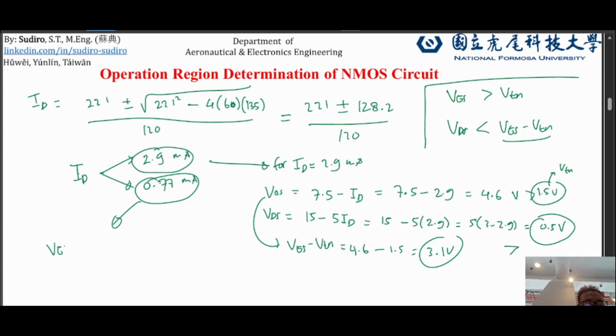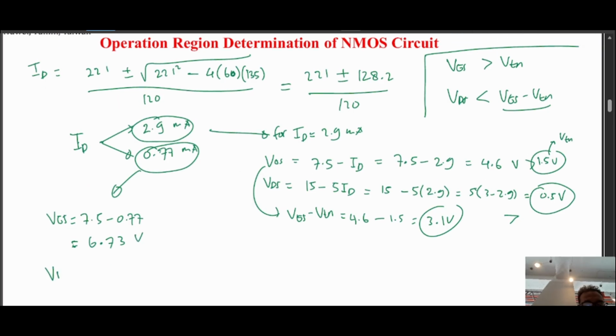For the first one, VGS must be equal to 7.5 minus 0.77, and we get about 6.73 volt, while the VDS must be 15 minus 5 ID, equal to 15 minus 5 times 0.77, which is equal to 15 minus 3.85, and it's equal to 11.15 volt.